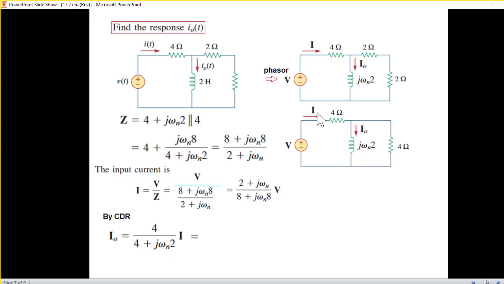Now, we'll not include this because this current up to here is I. So, total current divided by 4 plus j omega multiplied by the opposite arm. Since we are finding current here, this is our opposite arm, 4. So, we multiply by 4. And now we'll plug in the value of I that we got from here. Solving, we get what is shown here.